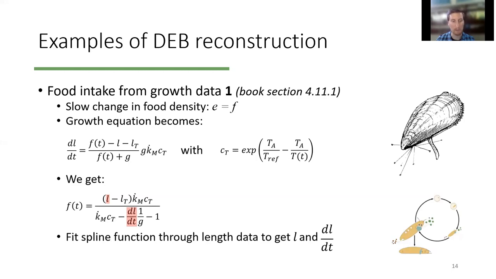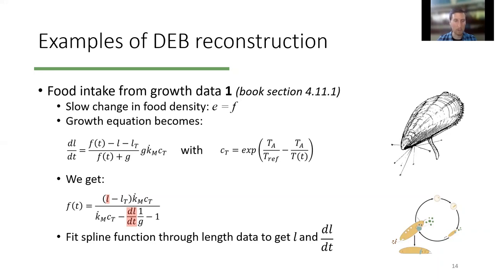We can isolate this term. And you see now in red in this formula, the two quantities that we need to estimate to be able to reconstruct the functional response. And these are the scaled length, little l, and its variation through time.